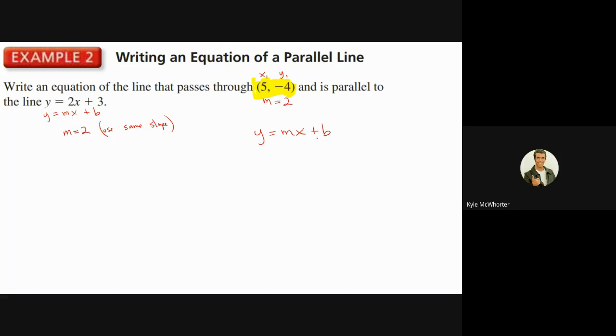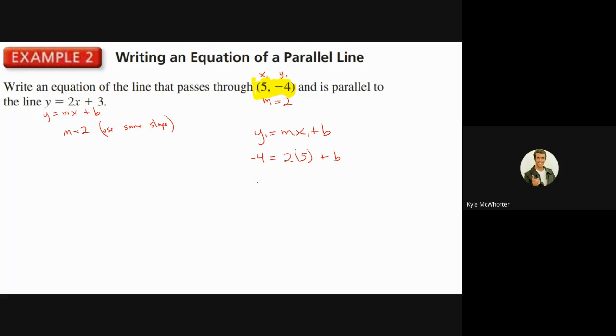Right now we need to solve for b. So I'm going to plug in the slope and plug in x1 and y1 to solve for b. So y1 is -4, m is 2, x1 is 5.